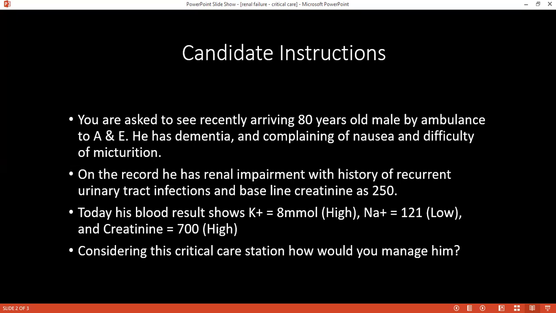Can you name the functions of potassium in the body? Okay, potassium is important in the muscles of the heart and skeletal muscles for muscle contraction, and also important for the conductive system of the heart. Also potassium is important in the cell membrane resting potential, exchanging with sodium.